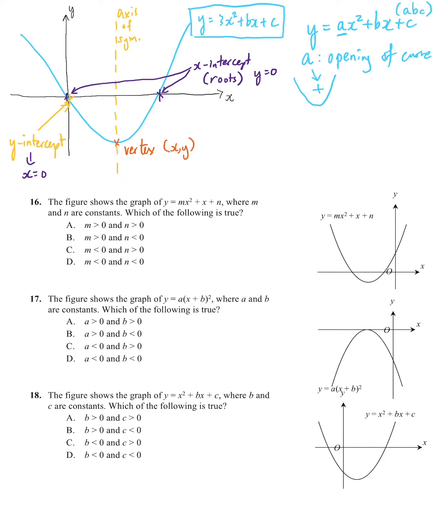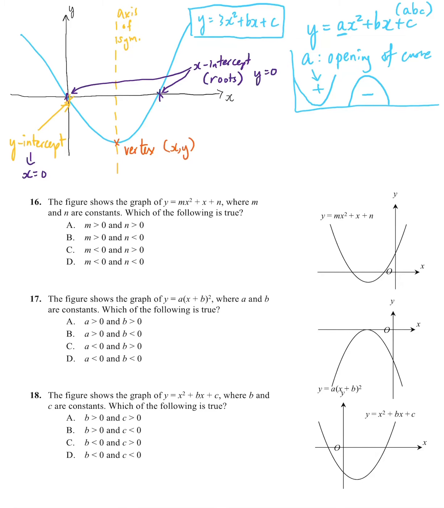Like in this example that I gave you, it's 3, which is positive, so you can see the curve is opening upward. And if it's the other way like that, then it's a sad face, and a is a negative value.